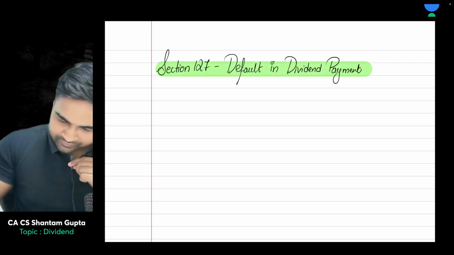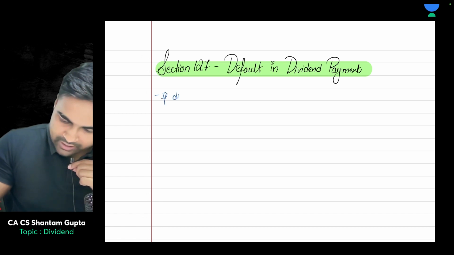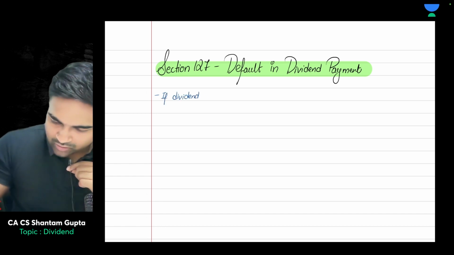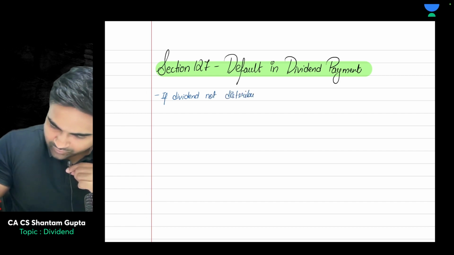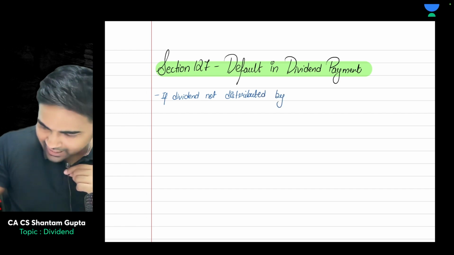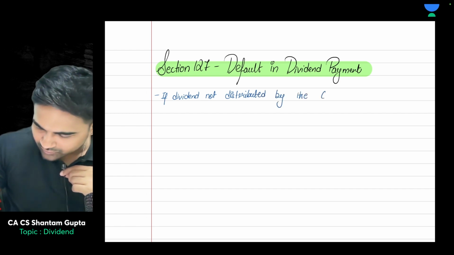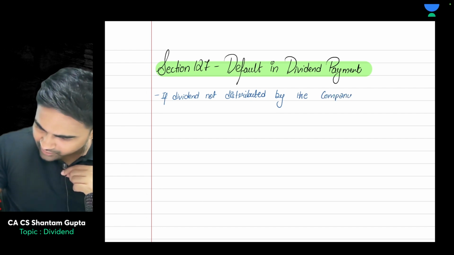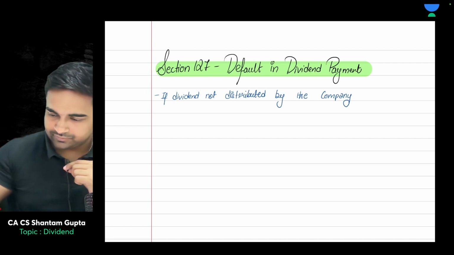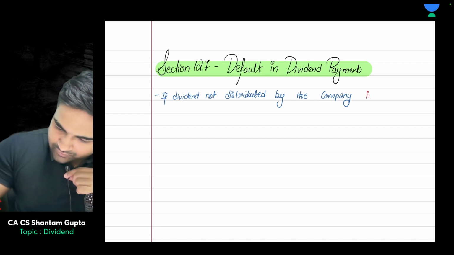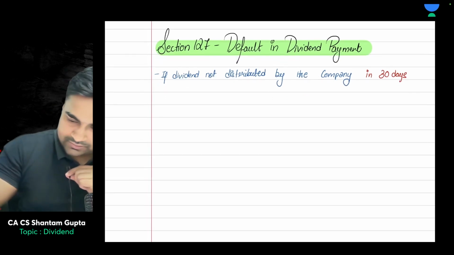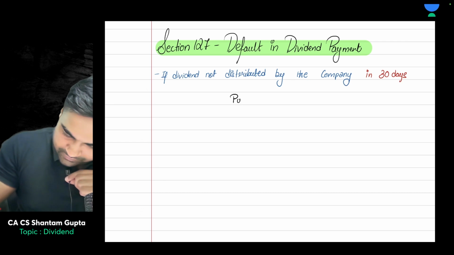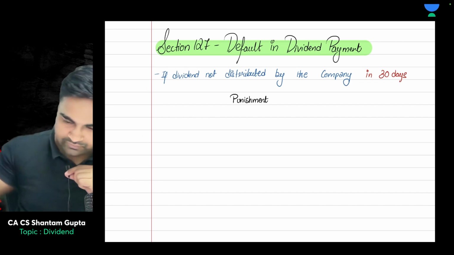Point number 1. If dividend is not distributed by the company in 30 days. What is the punishment?